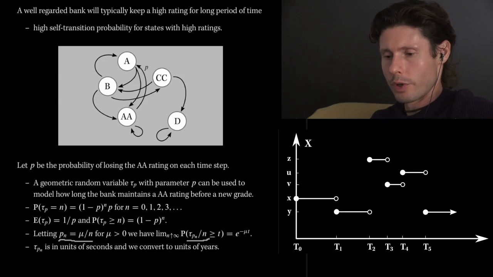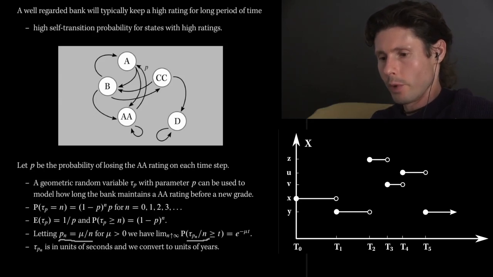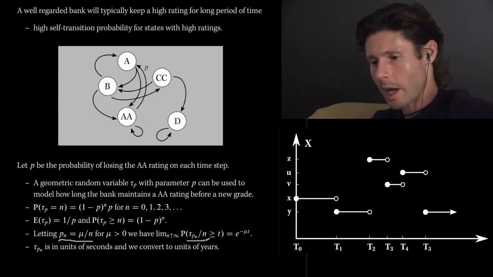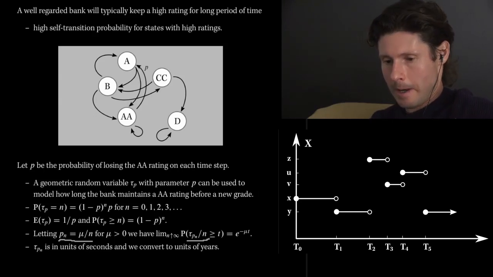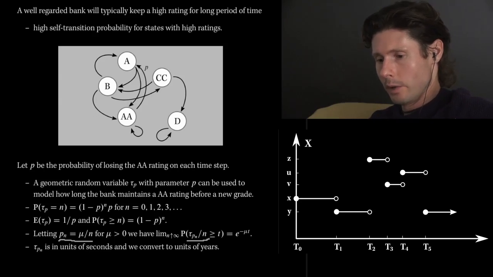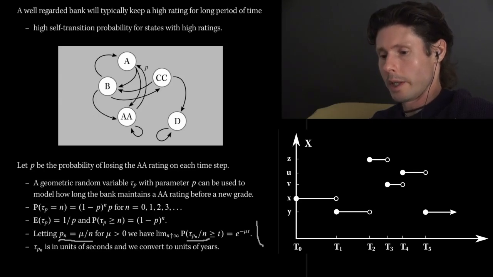Say you want to go to units of years from units of seconds. Well, that's the way to do the conversion. You multiply by 1 year and divide by how many seconds there are in that year. That's the kind of conversion that's happening. And we can, of course, take this to the limit. We can take smaller and smaller units of time n, send n to infinity, and see what exactly the distribution will be in the limit.